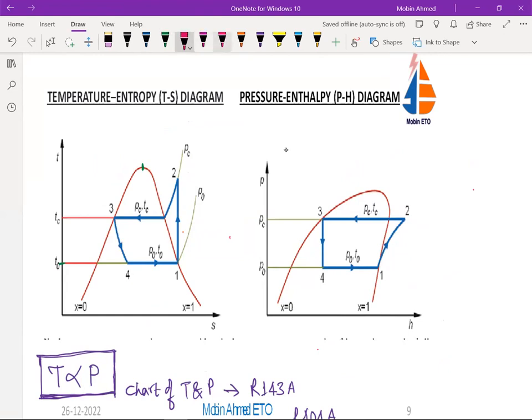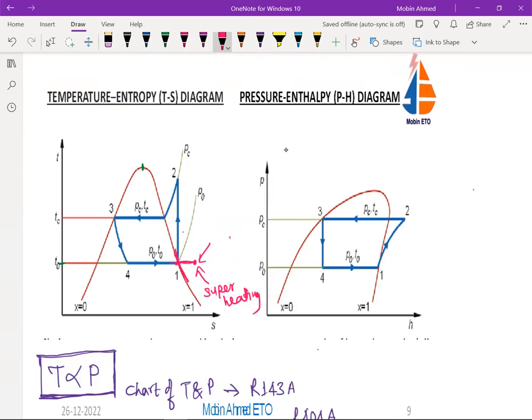If I make more heating and it reaches up to here, this point, after this saturated line, if the vapor is heated more, this is known as superheating.